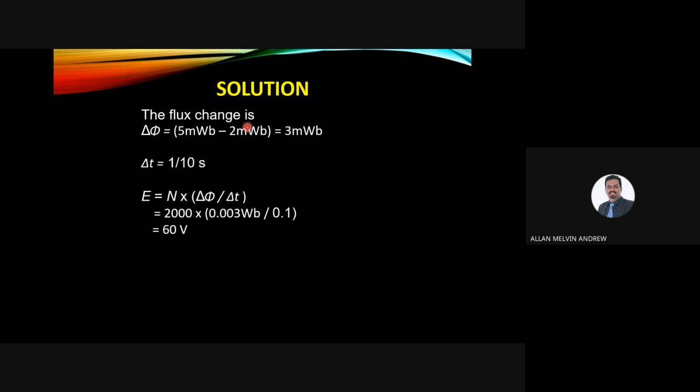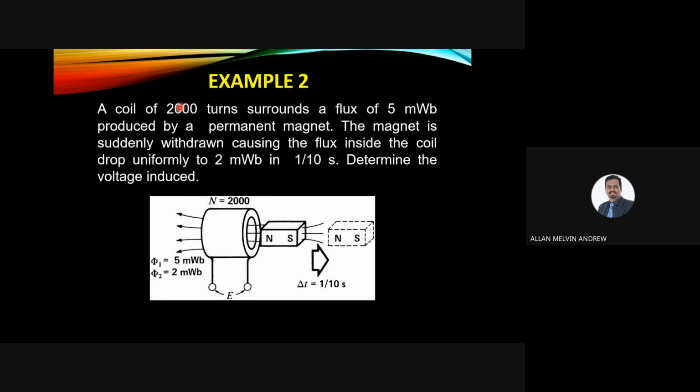So the flux change is 5 milliweber minus 2 milliweber, so 3 milliweber. The change in time is 1 over 10. So we replace in this formula, E equals N times change in flux over change in time. N is given in the question, so N is 2000.